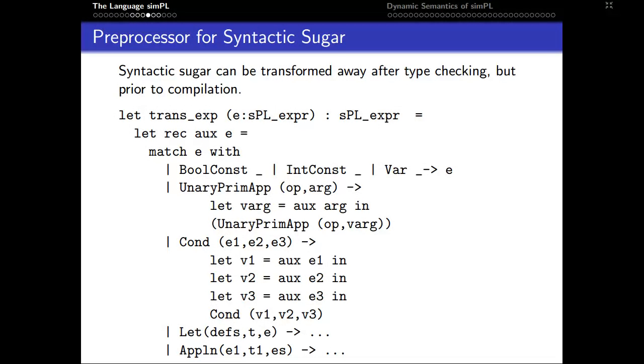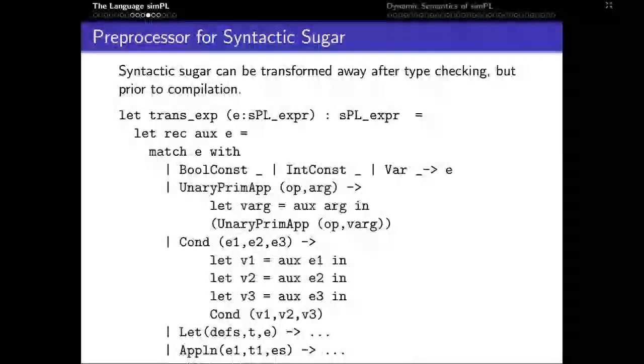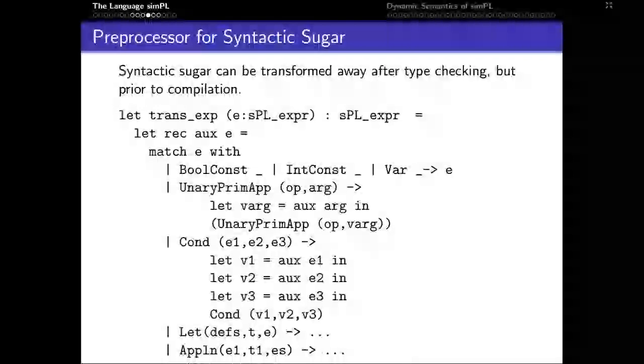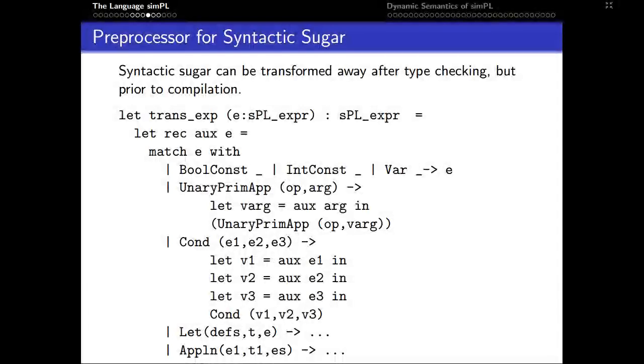If I have a conditional, and this is how the if will be translated into the abstract syntax tree, I would have a conditional with the condition here, the consequent, and the alternative. If then else. And each of these expressions can contain either a let or a partial application. So what we're going to do is recursively remove those, so I would get v1, v2, v3, which are the equivalent expressions without the syntactic sugar, and then I will use those in here, and so on and so forth.